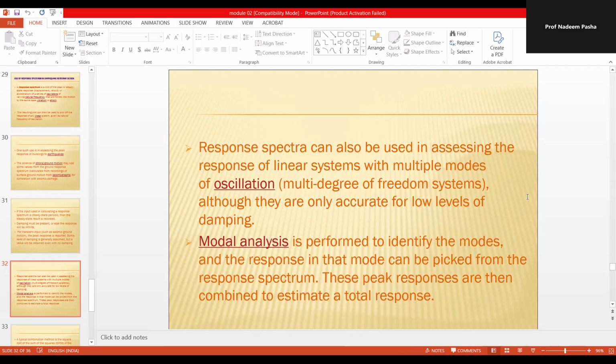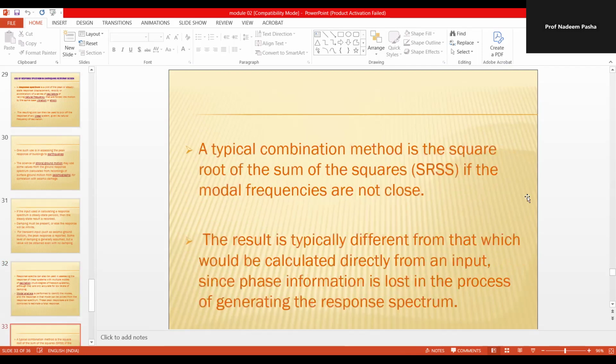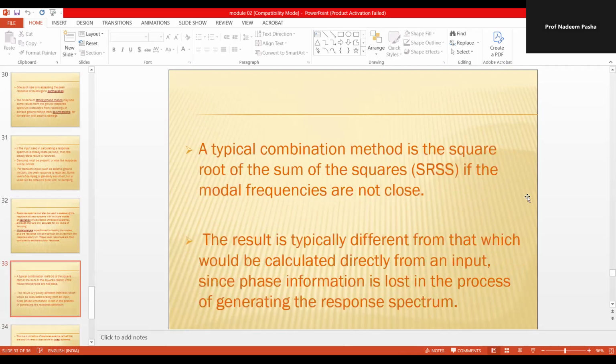These peak responses are then combined to estimate a total response. A typical combination method is the square root of sum of squares, SRSS, if the modal frequencies are not close. The result is typically different from that which could be calculated directly from an input, since phase information is lost in the process of generating the response spectra.